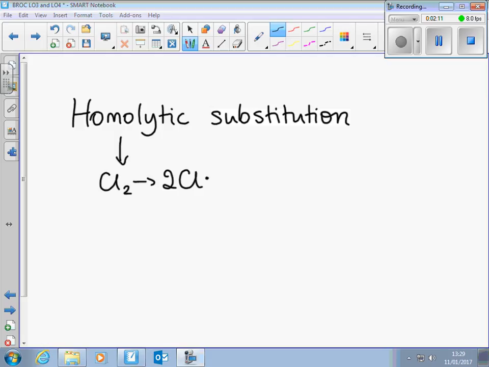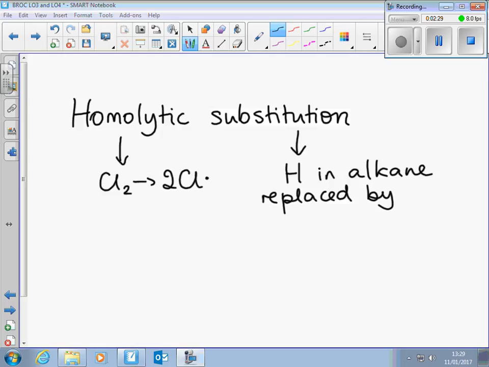The molecule that we're going to start with is an alkane, so it's the hydrogen in an alkane replaced by, in this case, chlorine, but it could be anything else.